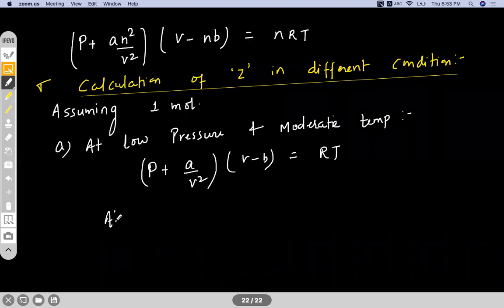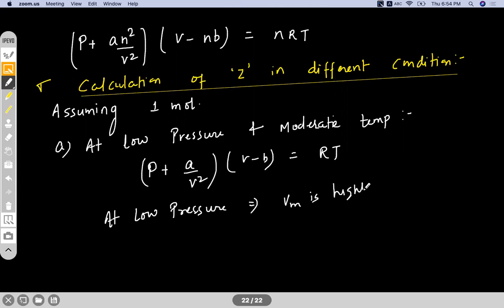So at low pressure, what condition can we apply? Vm is high, and when Vm is high, then we can take the approximation that Vm − b is almost equal to Vm. b is negligible in comparison to Vm.